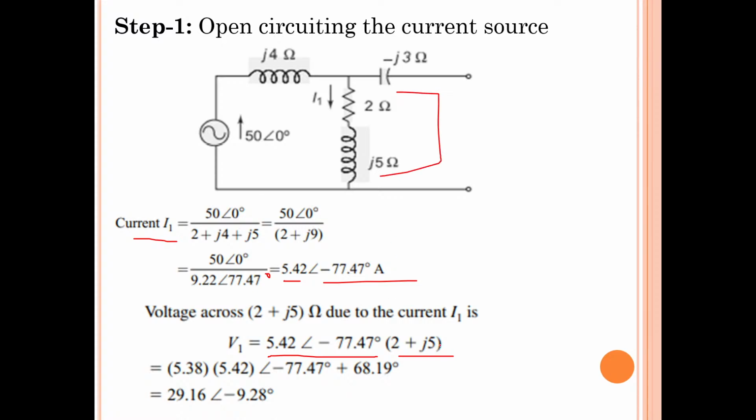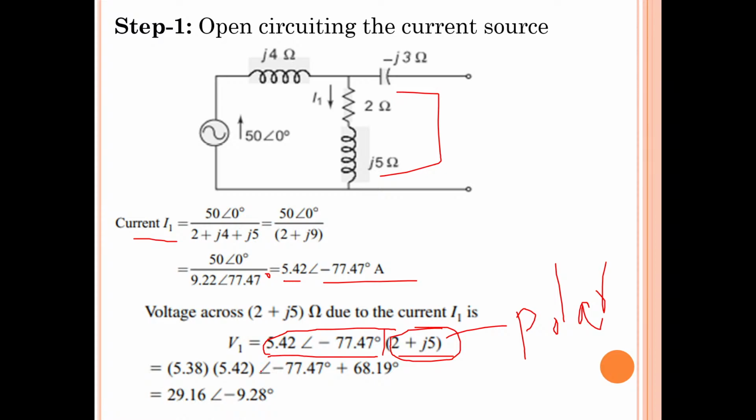So now one term is in polar form and the other, 2 plus j5, is in rectangular form. You just convert 2 plus j5 into polar form, and after that multiply.